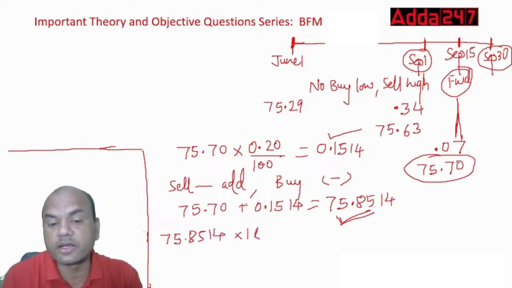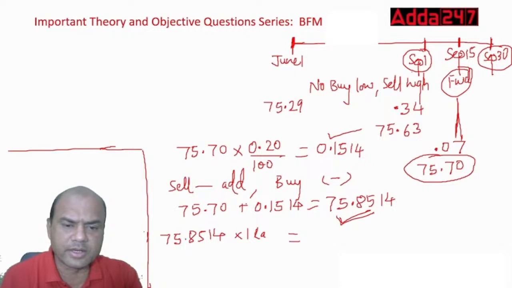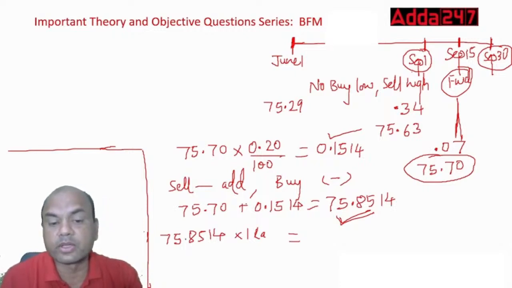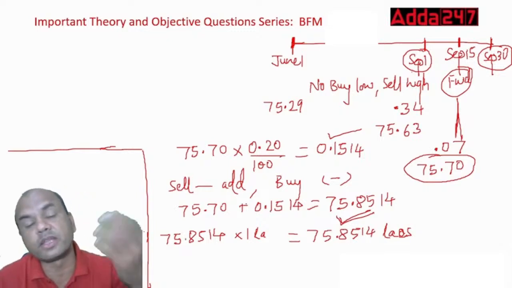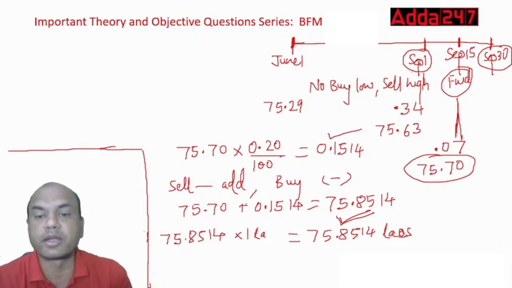So it is around 75 lakhs, right? That much will be the amount, isn't it? So multiply this. You'll get something like 75.8514 lakhs. This much amount you will be debiting to the customer and then passing on the $1 lakh to the next party in foreign.